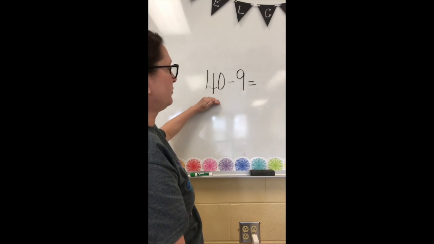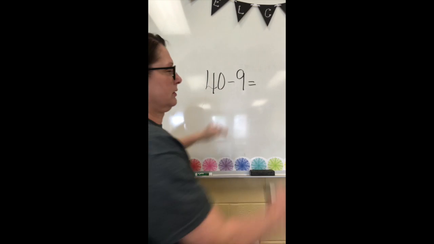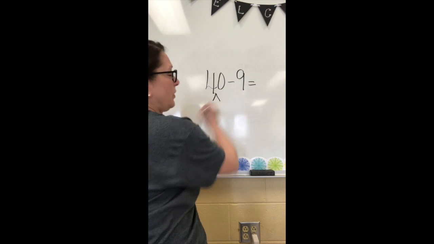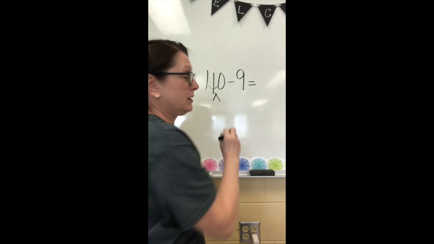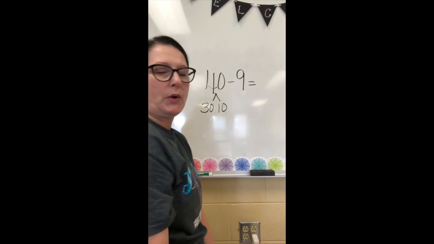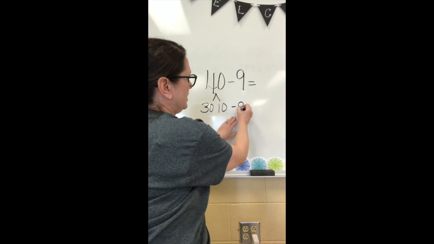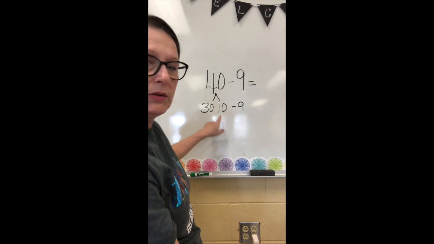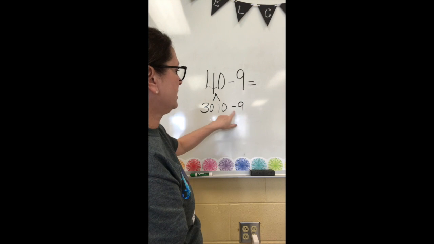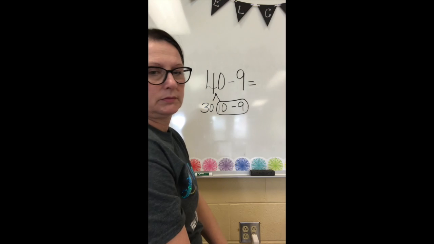So I'm going to break my 40 apart so I have something and 10. So 30 plus 10 equals 40. So I'm going to break it apart into 30 and 10. Okay, and we have our minus 9 here. So now you see I have my 10 minus 9 if I bond these two numbers together.